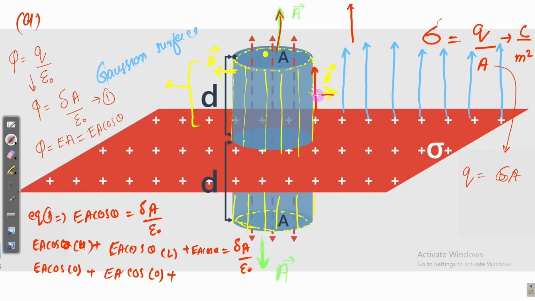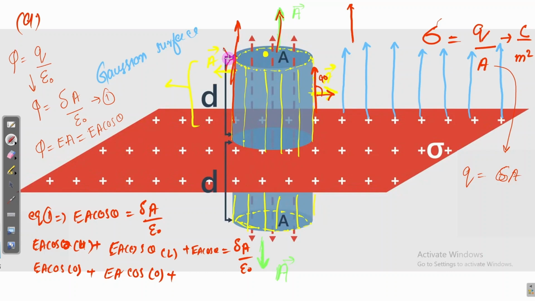So there will be a 90 degree angle between the area and the electric field line, and similarly at this side this is the direction of the area of the Gaussian surface, and the direction of the electric field line is from the positive charges upward.